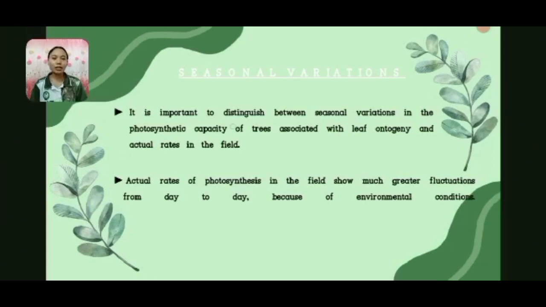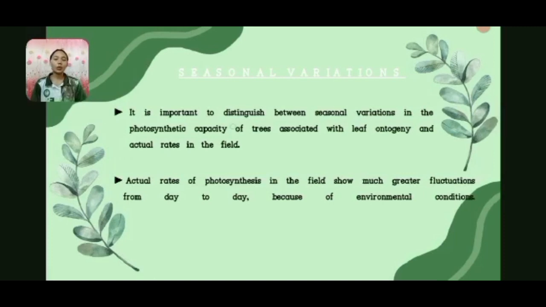So the next is actual rates of photosynthesis in the field show much greater fluctuation from day to day because of environmental conditions. So kailangan po nato mabantayan kung unsa na condition sa environment nato karon.